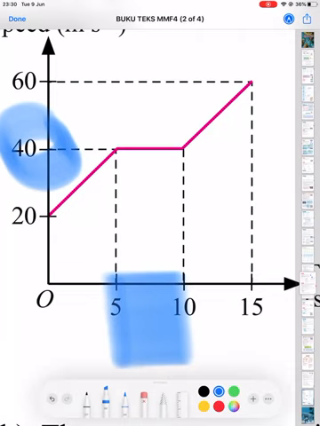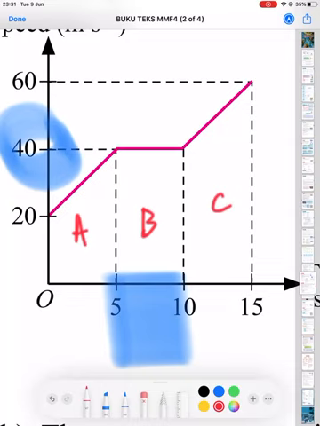The last one, calculate the total distance in meters travelled in the period of 15 seconds. The total distance travelled means you have to calculate the whole area under the graph. So here you have a trapezium, a rectangle, and another trapezium.